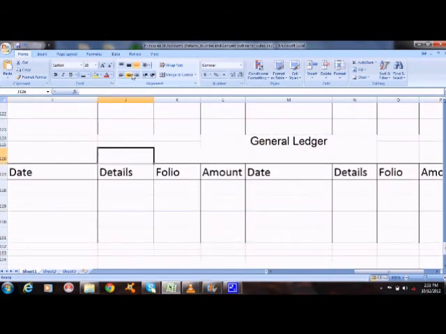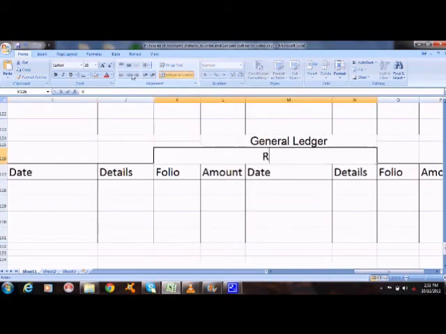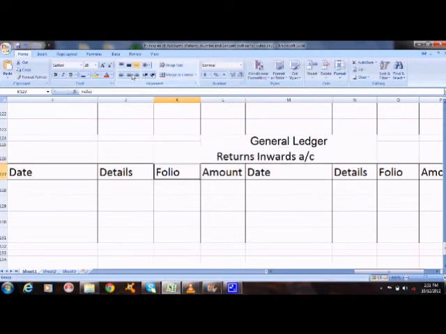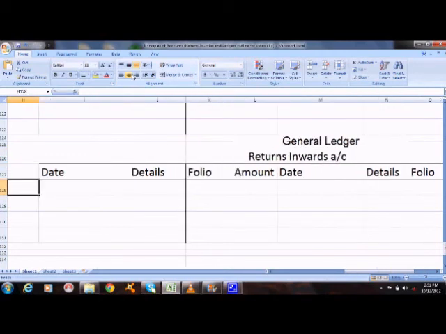So now we have the returns inwards account. I'm going to post the debit of the returns inwards account, right? Yes. That would be 2011 May 30.